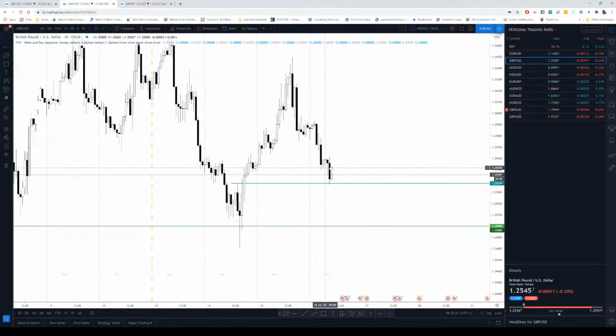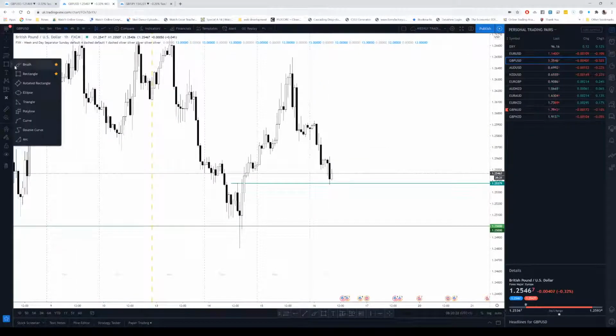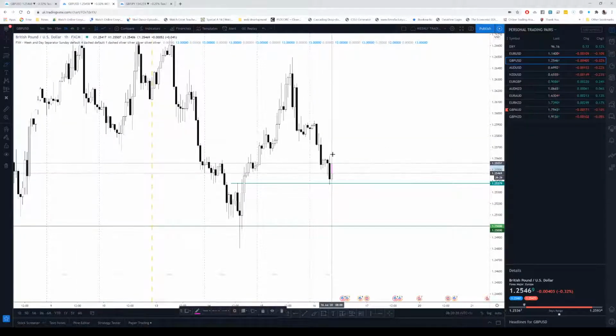And if I'm wrong, that's fine, because that is the safest way to take this trade. What do I mean by that? I want this candle to close here, and then on the next candle a short retracement, and then I'll take it long with my stop just below here.